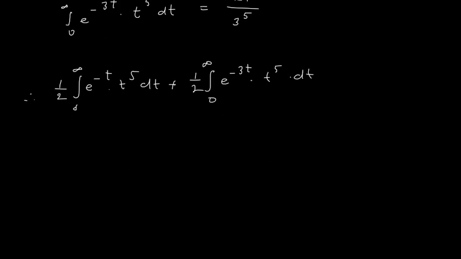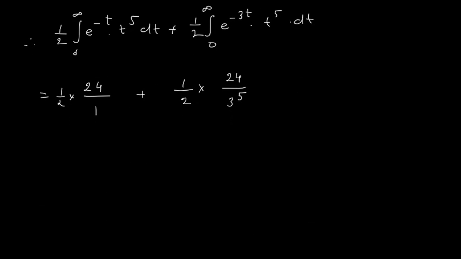This will become 1 by 2 into 24 divided by 1 plus 1 by 2 into 24 divided by 3 power 5.